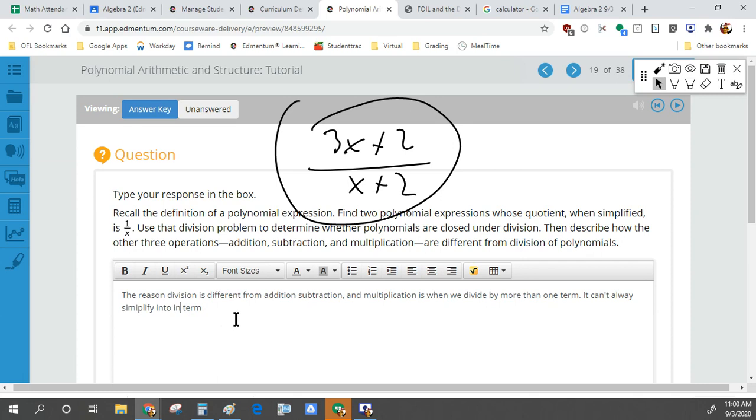What I mean by individual terms is you'll get this fraction. So sometimes you get a weird fraction.